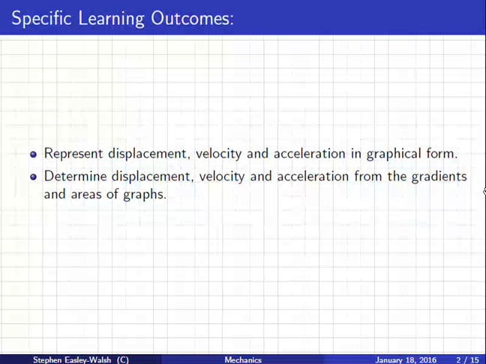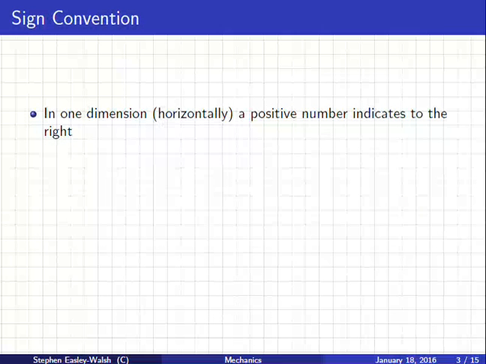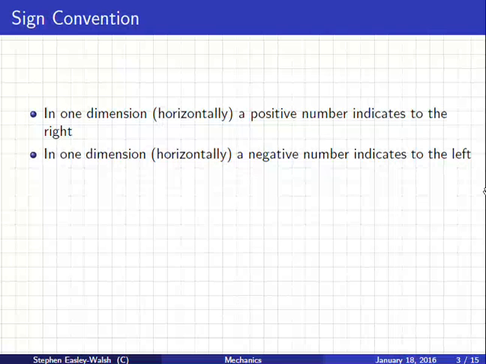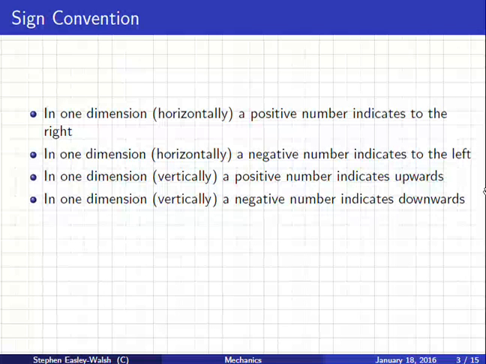Okay, so just some things to take care of with signs. When we're talking about moving horizontally, we use positive to mean to the right, and of course, negative to mean to the left. And when we're talking about vertically, we use positive to go up, and we use negative to go down.